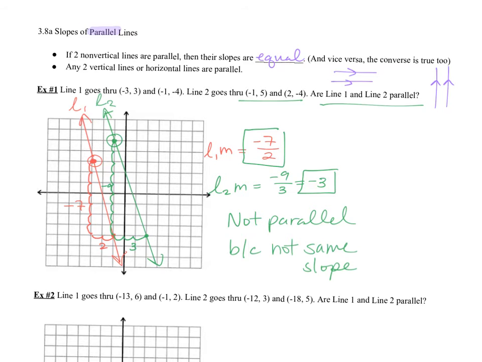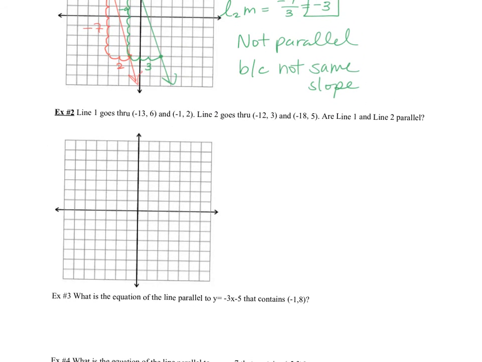The other way is maybe they give you points and you don't want to graph it. Now, sometimes I tell you you have to graph it. So if it says you must graph it in a quiz or a test, then graph it. But what you're doing here is you're dealing with line 1 and line 2, and we want to know their slope.